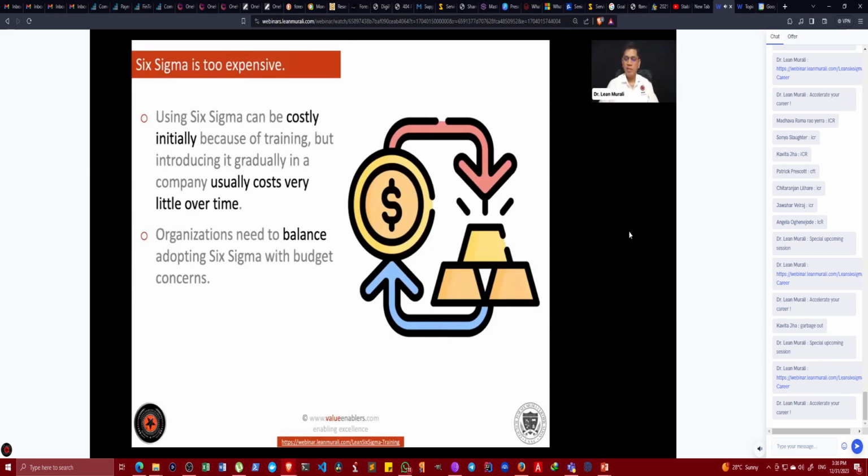Both time and money are spent, but eventually it's like nurturing the roots to give the fruits. Nurturing the roots, please write it in your notebook, which will eventually give better fruits, and a lot of fruits.